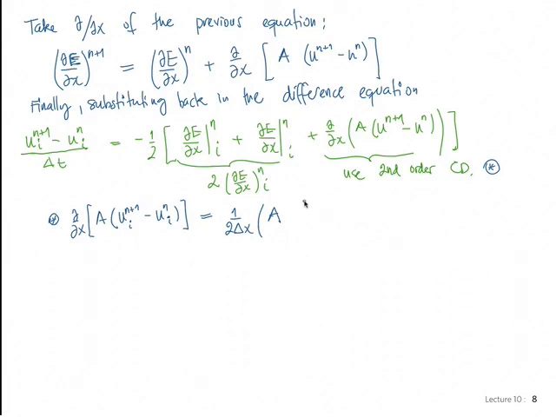So it is A at i plus 1, u at i plus 1, minus A at i minus 1, u at i minus 1. And what are the time levels? For u, this one over here, n plus 1. And for A, we're going to use the value at the known time level n.